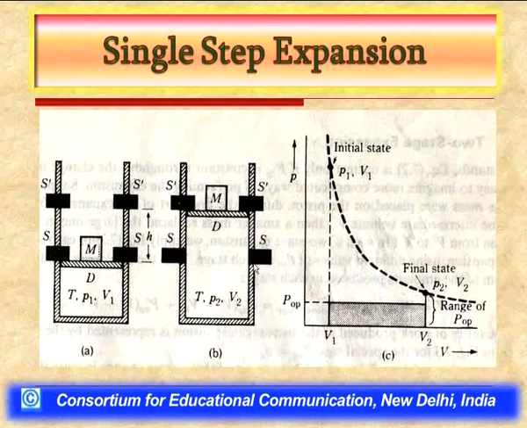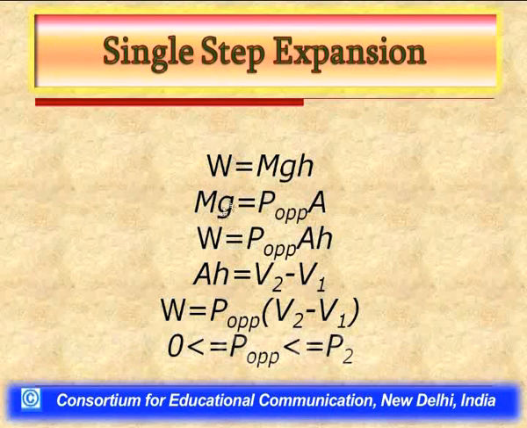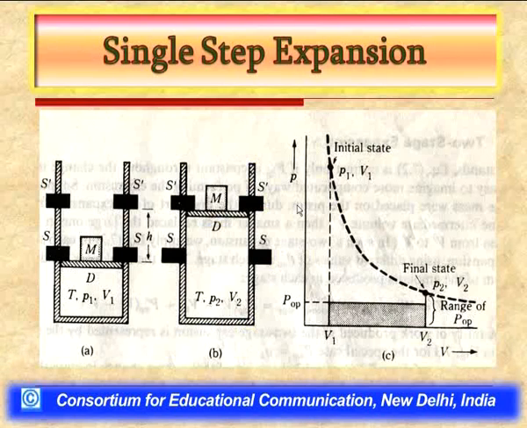Now, let us suppose that this mass object, as we have shown by calculation, is exerting a weight force, mg, upon the area of cross section, and if we divide this mg by A, it becomes equal to the opposing pressure. So in this graph we can see there is an opposing pressure. The system alters its volume against this opposing pressure, P opposing, which is the value shown by this point on the graph.